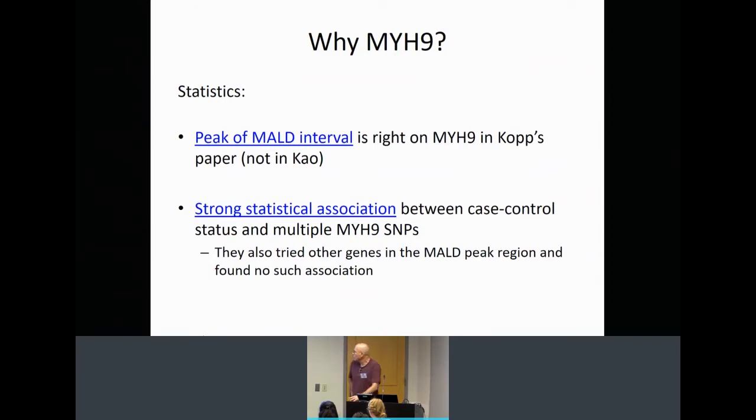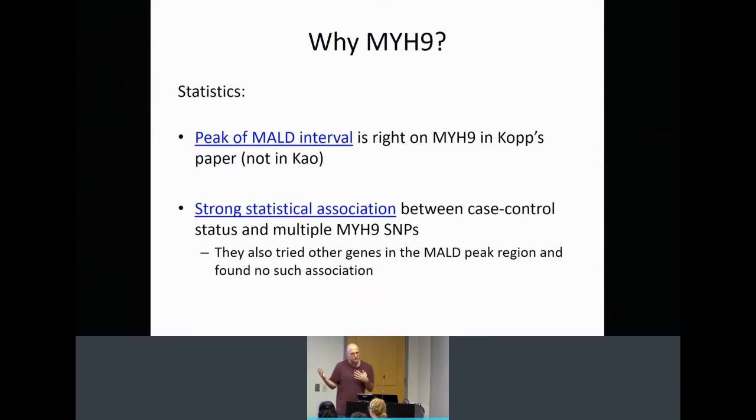Okay, it's also nice that they looked at other genes within that region. That region was centered at MYH9 for one paper. For the other, it was actually centered a bit away from MYH9. Because the signal we find is not super local, we can look at 5 genes to the left and 5 genes to the right, select some SNPs from those, genotype them as well, and look at the strength of the statistical association.